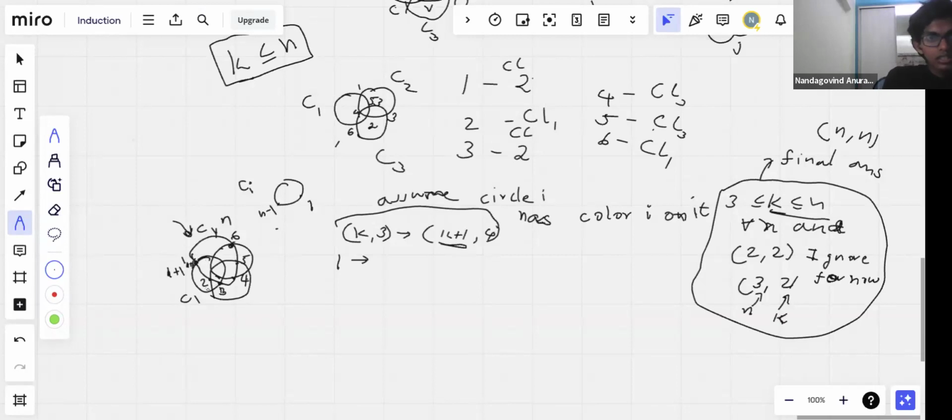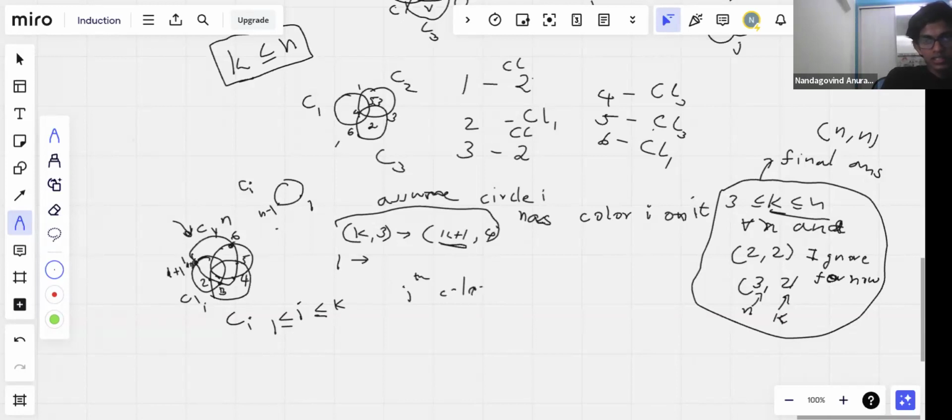For circle 1 to circle k, that is i greater than or equal to 1 and less than or equal to k, you give that intersection point the ith color.